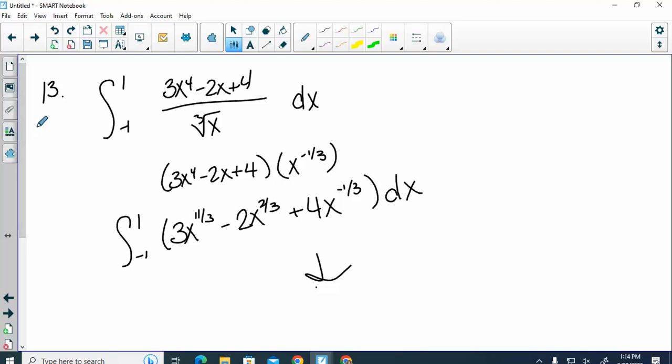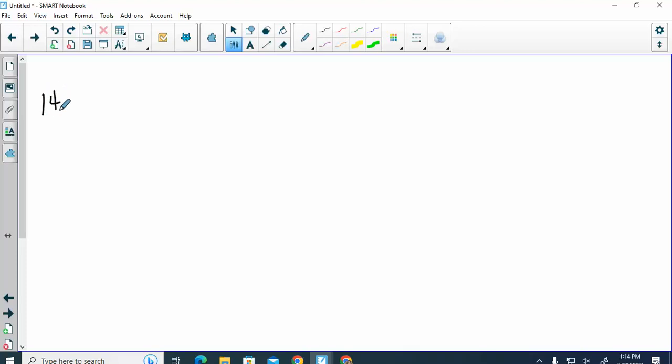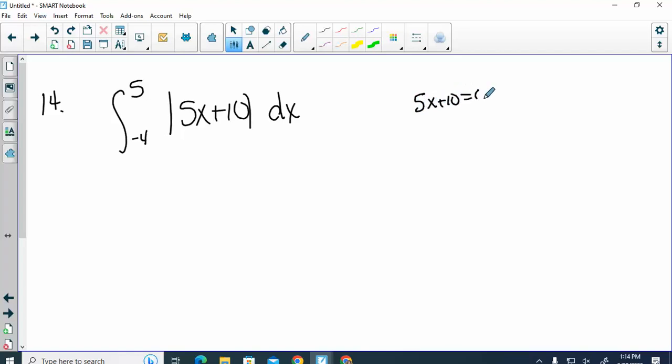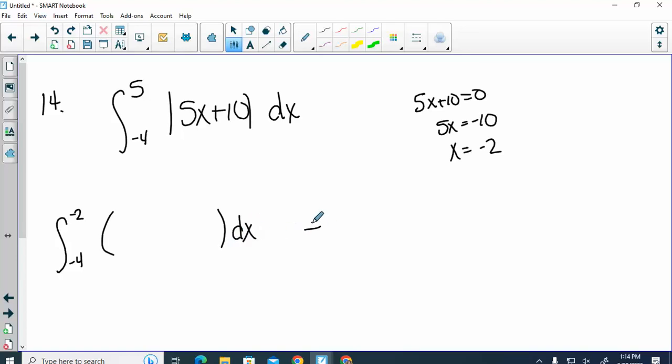Number 14. Just trying to make sure we hit all of these before the end of the hour. If you have an absolute value, what do we have to do? Okay, to find that splitting point, you set the inside equal to 0. So you get 5x equals -10, so x is -2. So we're going to integrate from -4 to -2, and from -2 to 5.